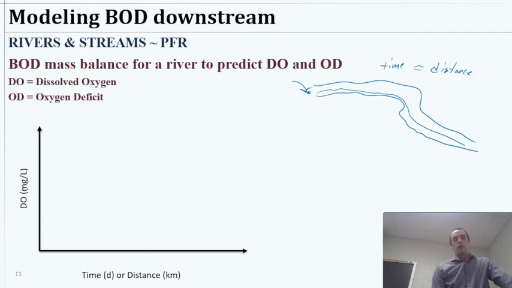Okay, so if we take a plot of the dissolved oxygen and the time or distance since a discharge, so let's say we have a wastewater outfall here, we've got a continuous discharge, and we're tracking what's happening downstream. 5 minutes downstream might be 100 yards to 200 yards downstream. We can check it.